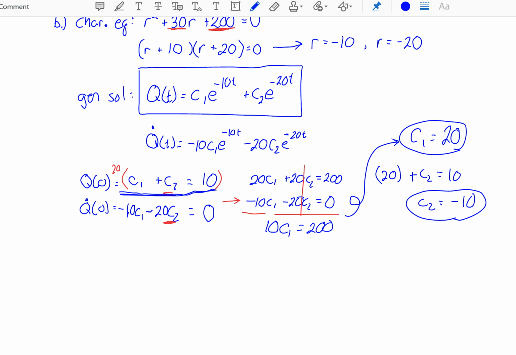This allows us to write the solution to the IVP as Q of t equals 20 e to the negative 10t minus 10 e to the negative 20t.